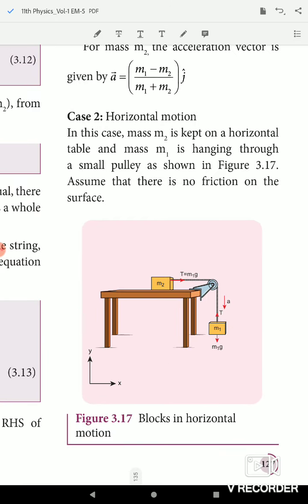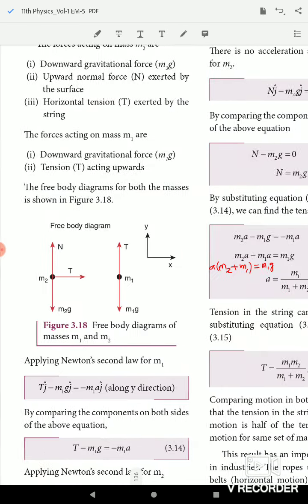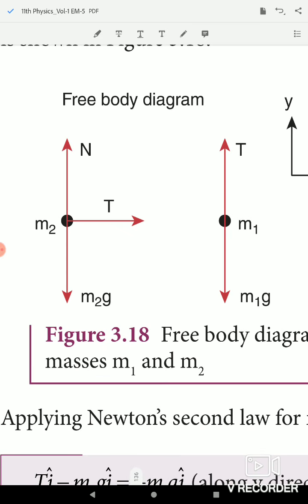So first draw the free body diagram. In the case of point mass m2, three forces are acting on the body: the normal force acting upward, gravitational force acting downwards, and tension acting in the plus x direction.